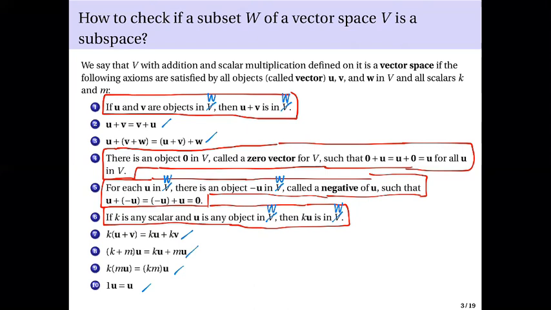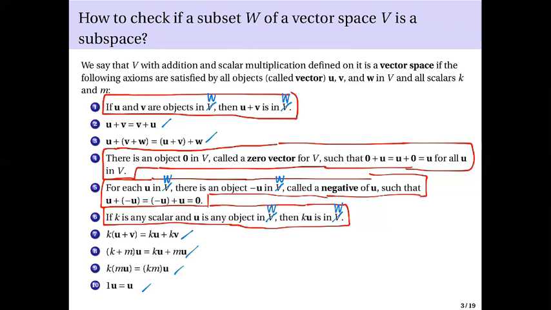Those are the four things that we need to check because 2, 3, 7, 8, 9, and 10 will all be trivially satisfied, because the objects in W are just objects in the vector space V. Now, we are down to 4 axioms and we want to show that these 4 axioms are satisfied by the set W.